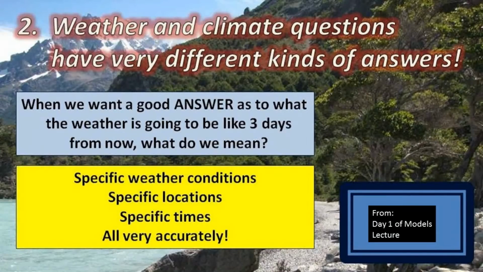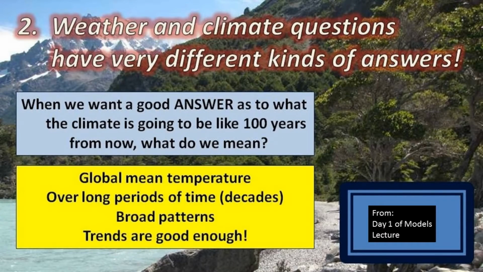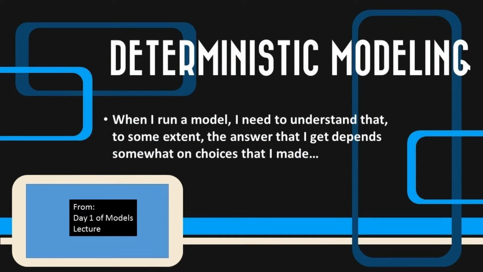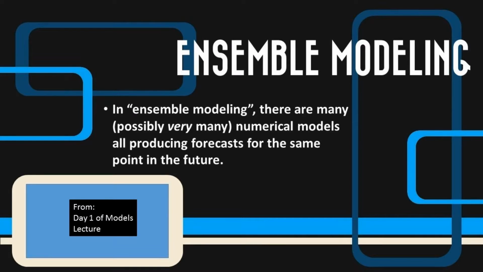There was also, of course, this business about the differences between what we considered an answer in weather problems and what we considered an answer in a climate problem. We're asking very different kinds of questions when we are studying weather and climate. And our main tool for doing this is, of course, going to be models. We talked about deterministic modeling, and we compared it to ensemble modeling.